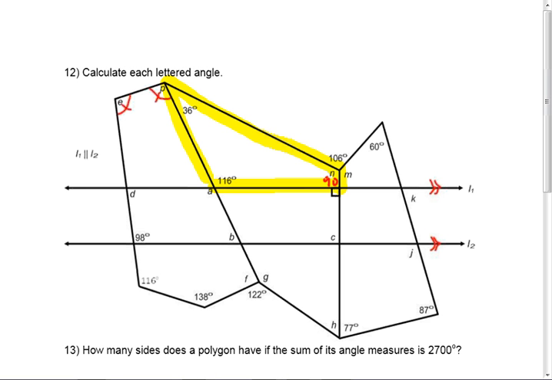So you've got 36 plus 116 plus 90 plus n equals 360. So now you can find n. When you find n, you can find m. Because at this vertex right here, that's going to have to add up to 360 degrees. And there's some more you can find.